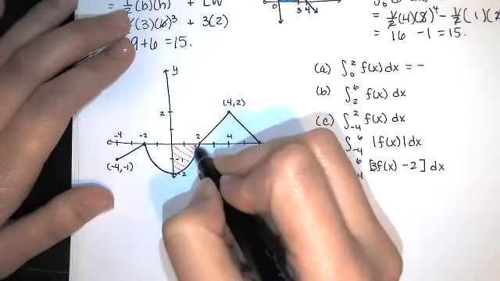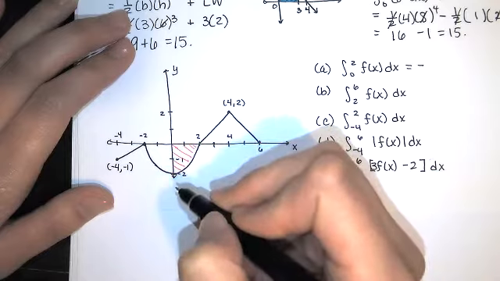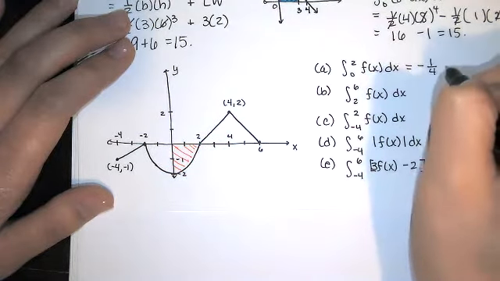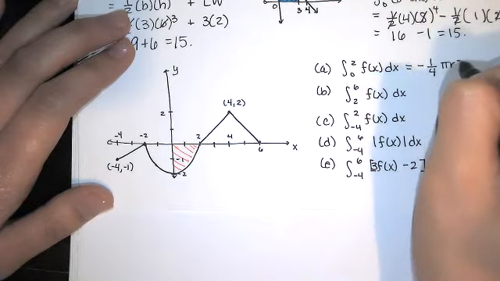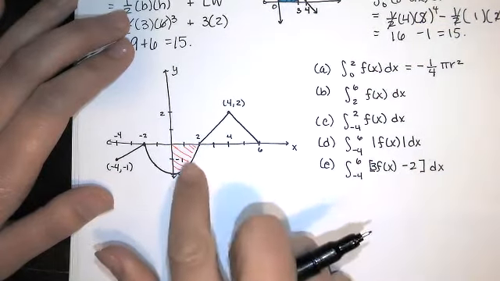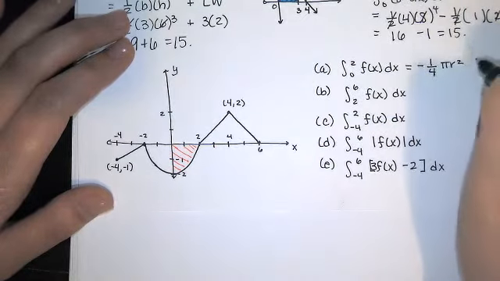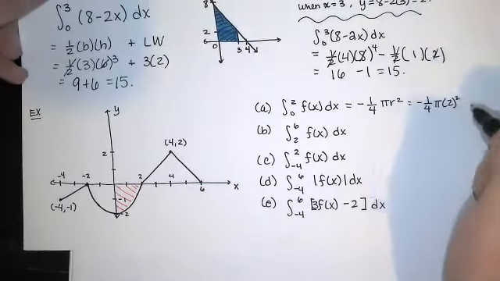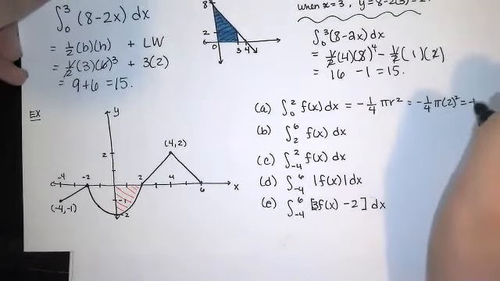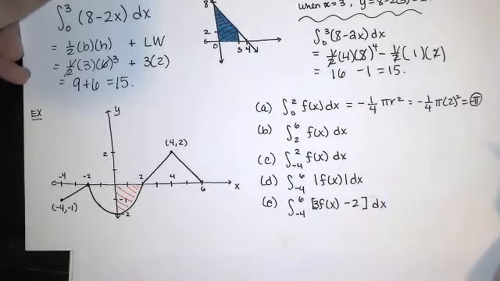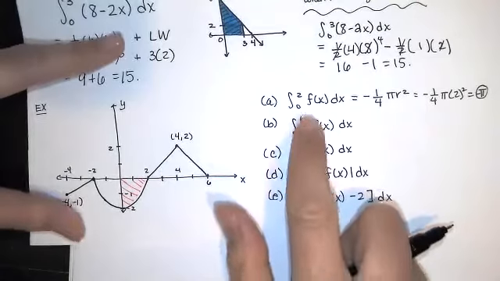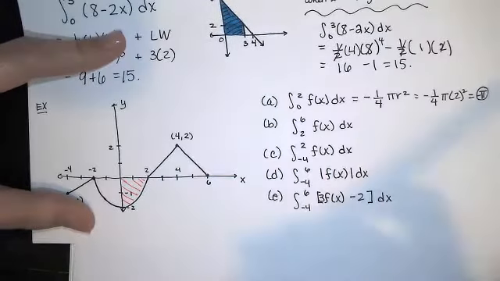So I need the area of 1/4 of a circle, and so that's going to be 1/4 of pi r squared, where the radius of the circle is 2. So we have negative 1/4 of pi times 2 squared. The 4's reduced, and you get negative pi. That's that value.